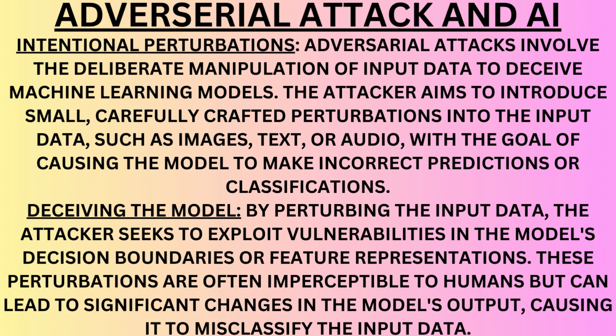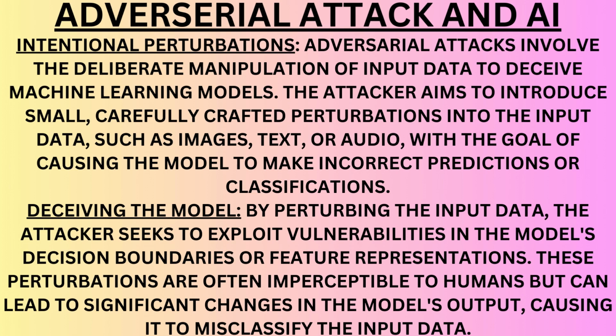Intentional perturbations. Adversarial attacks involve the deliberate manipulation of input data to deceive machine learning models. The attacker aims to introduce small, carefully crafted perturbations into the input data, such as images, text, or audio, with the goal of causing the model to make incorrect predictions or classifications. Deceiving the model.